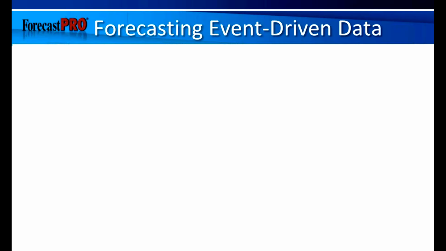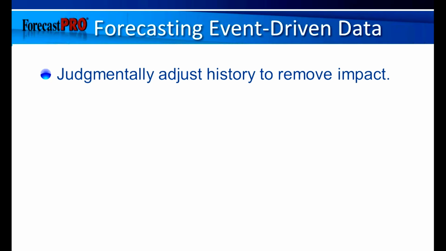Okay, so what do we do if we do have events? How do we handle that data? Well, there are a bunch of different things we could do. One of them is to judgmentally adjust the data to remove the impact. So essentially rewrite the demand history. We've probably all seen this done, and it's definitely not a best practice.